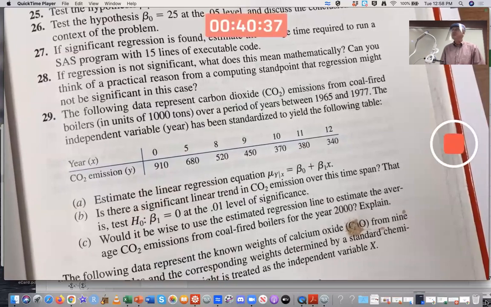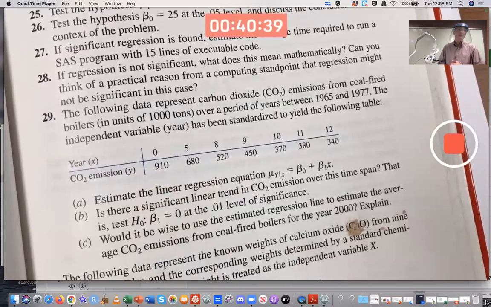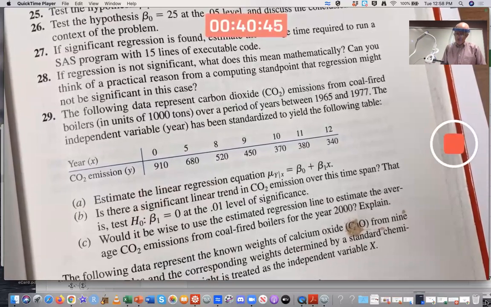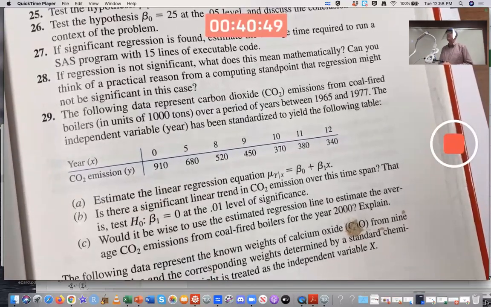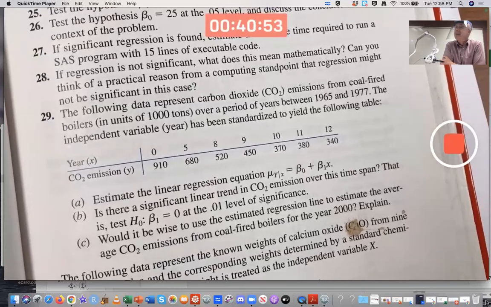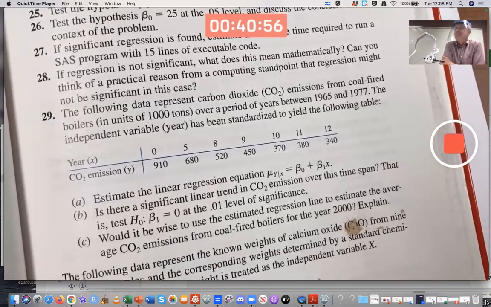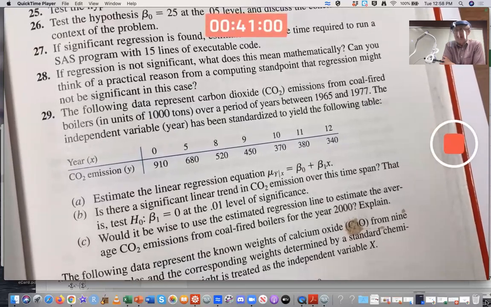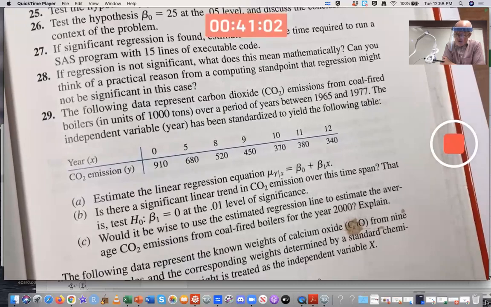For each one of those years, it's like a random sample of size 1 from a population of all the boilers over the whole country, of which there could be thousands of them, I don't know. Random sample of size 1, oh boy. This seems like it might not be completely valid, but hang with me here.